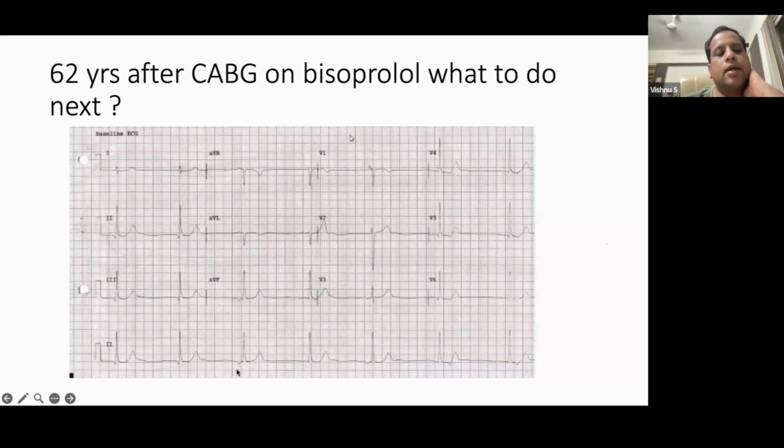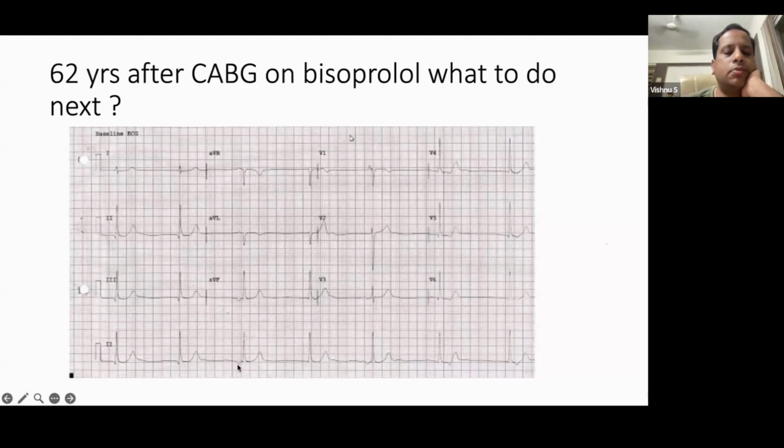These junctional escape beats are coming at a rate of around 40 in this patient, and you are seeing a beat coming, but this PR interval is around 80 milliseconds, a very short PR interval.